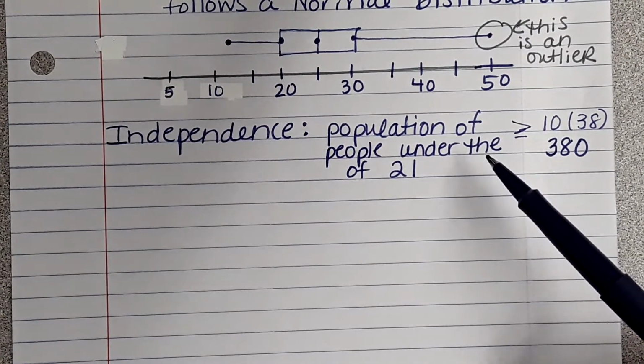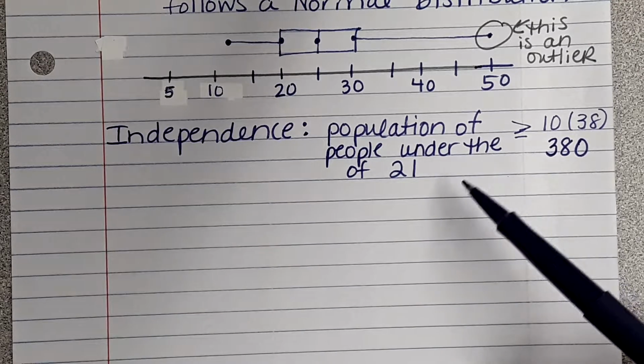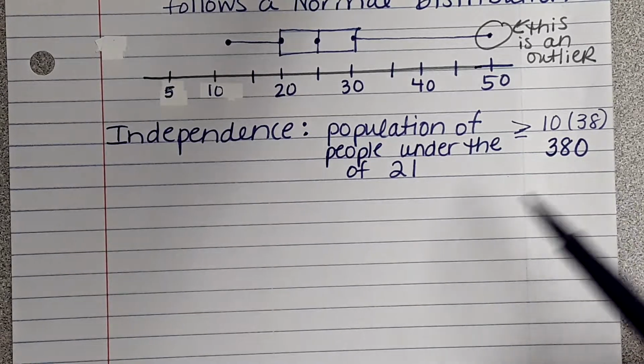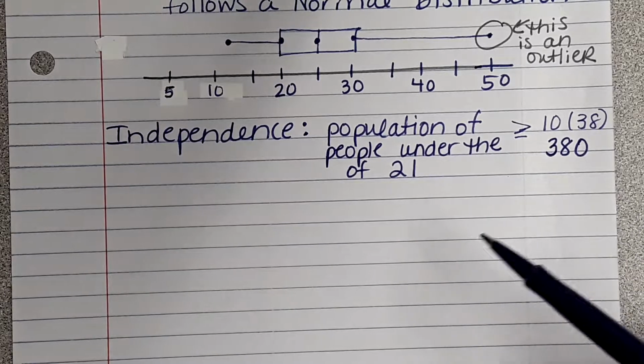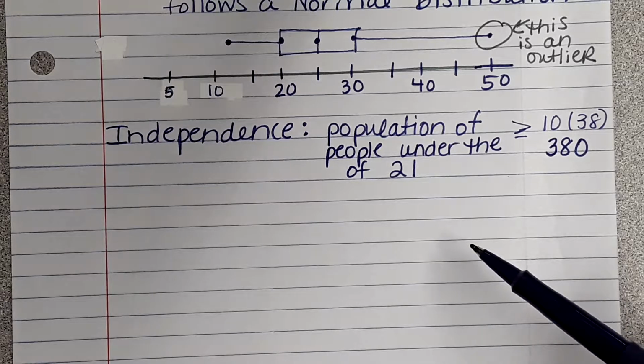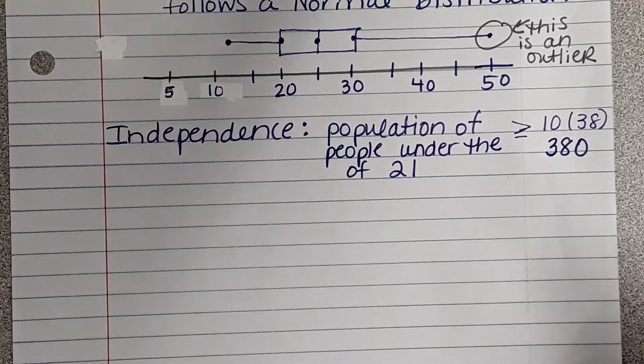You can say, clearly the population of people under the age of 21 are 380. However, if we're just talking about people that have HIV, we're going to assume that the population of people that have this is greater than 380. Okay? So you can say that.